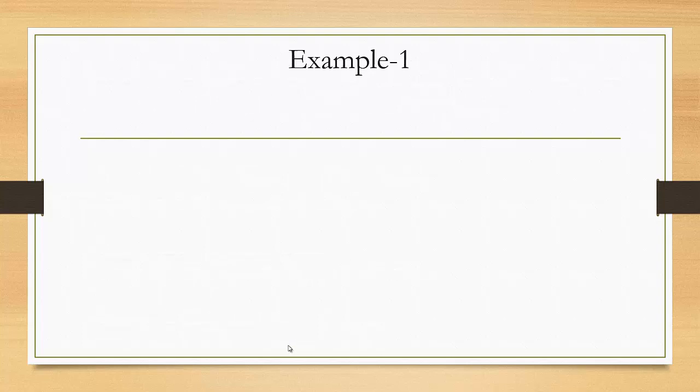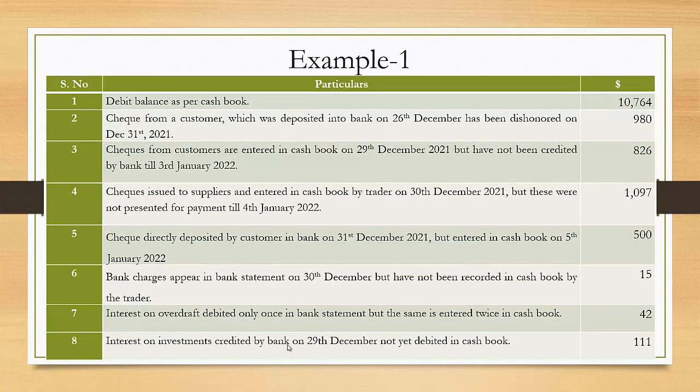Now, let's have a look at one example. As you can see, these are the transactions, and these transactions belong to one XYZ company, and they have figured out some reasons due to which the differences have arisen.